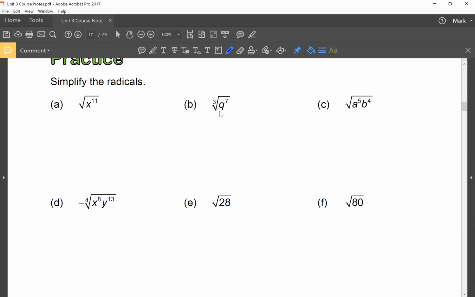So let's look at B, D, and E. Okay, so B. Let me zoom in. No, I'll leave it like this. Okay, so B, you can rewrite this as q to the power of 7 times 1/3. The problem with B is 7 does not divide by 3. So what I'm going to do is rewrite this as q to the power of 6 times q to the power of 1.